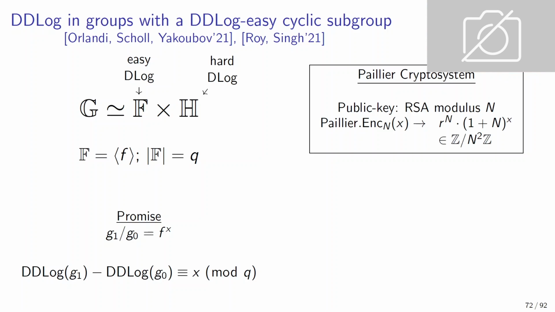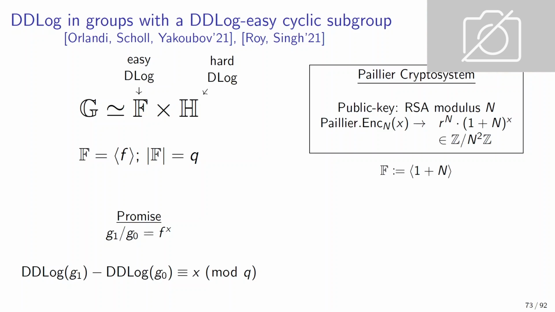So say you're working in this group. The special cyclic subgroup F is going to be the group generated by 1 plus n.